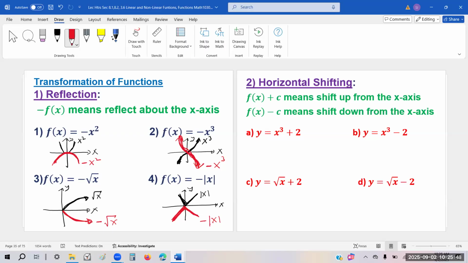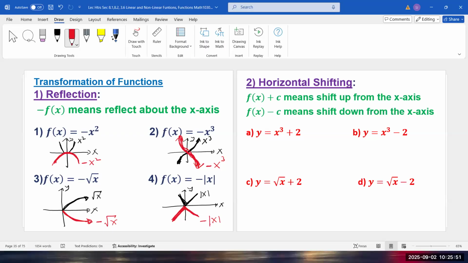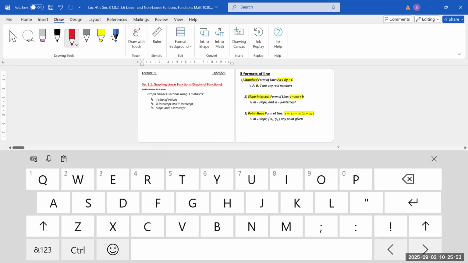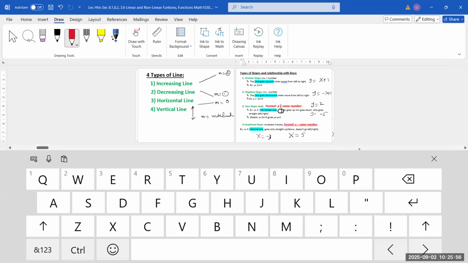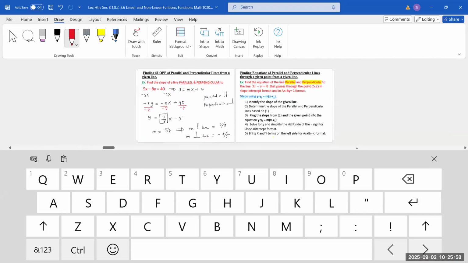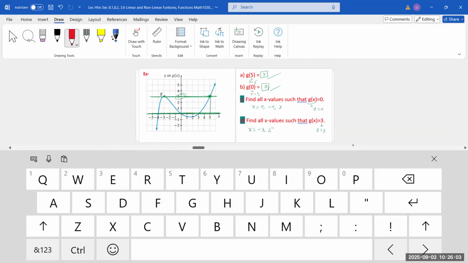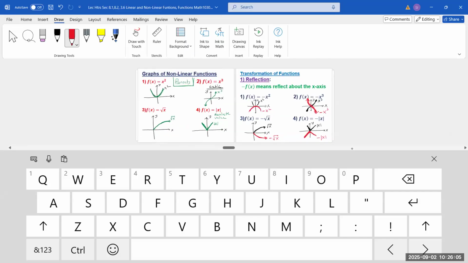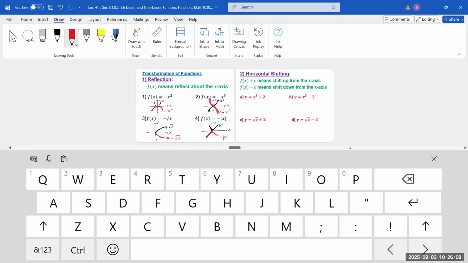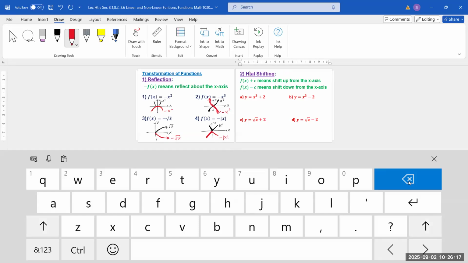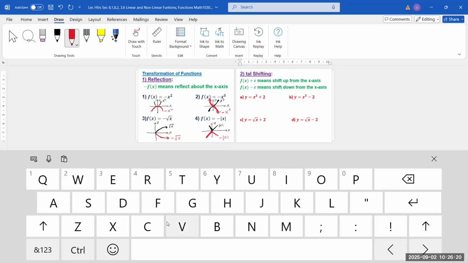This is not horizontal, this is actually vertical.